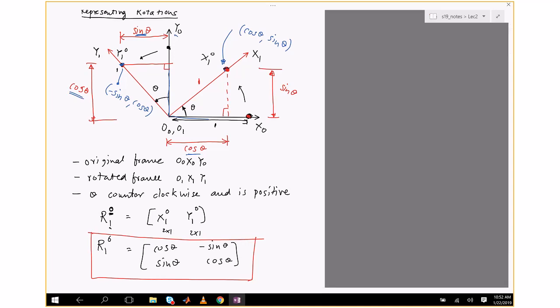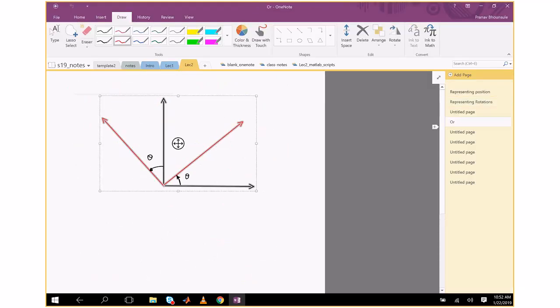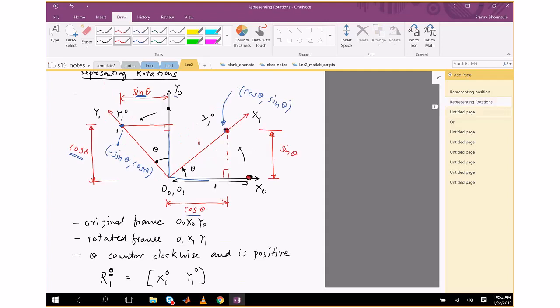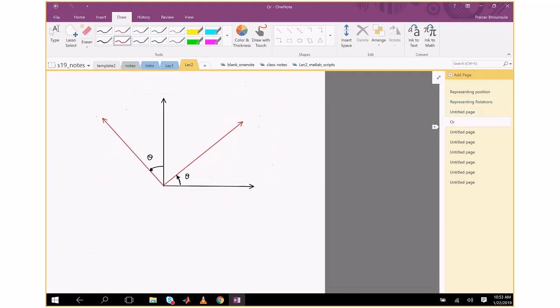And for that you do a similar construction. I drew the same figure essentially, but instead of dropping perpendiculars to the x0 and y0 from x1, y1, I would drop perpendiculars from x0 and y0 to x1, y1. So I would drop perpendiculars this way.